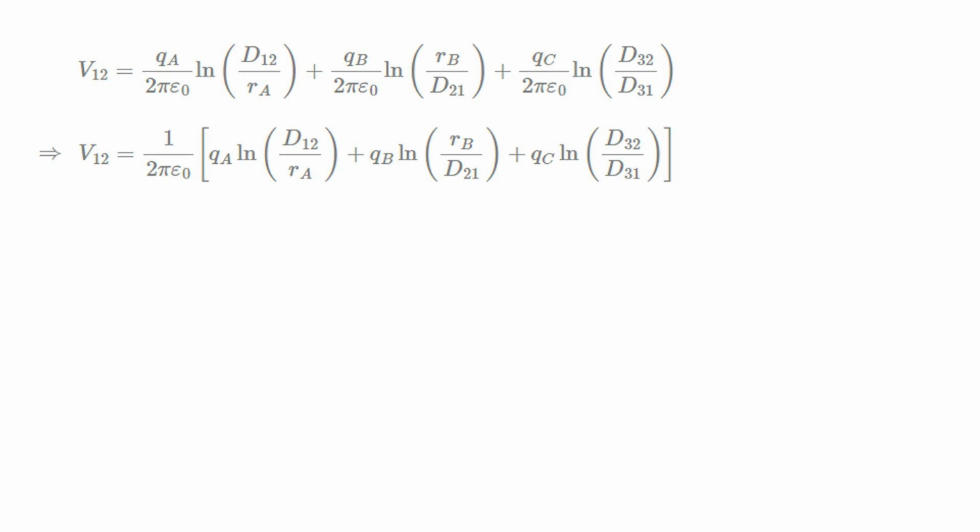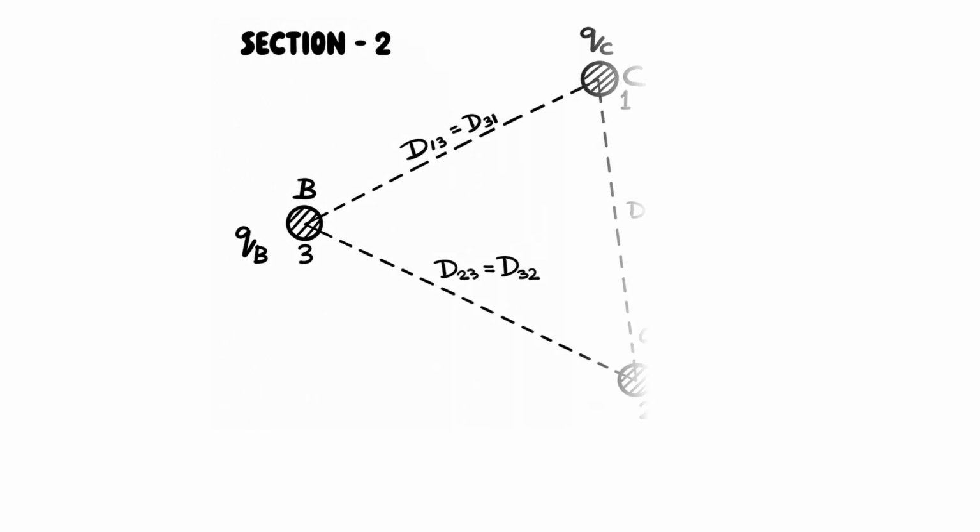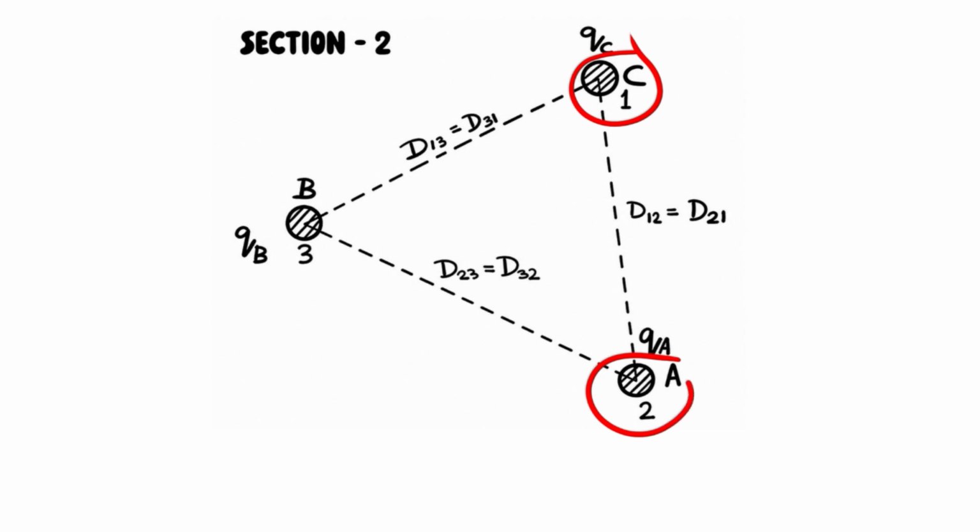Now, we also consider that the transmission line is a transposed transmission line. That means, after an equal interval along the length of the transmission line, conductor C is placed at position 1, conductor A is placed at position 2, and conductor B is placed at position 3, as shown in the figure.